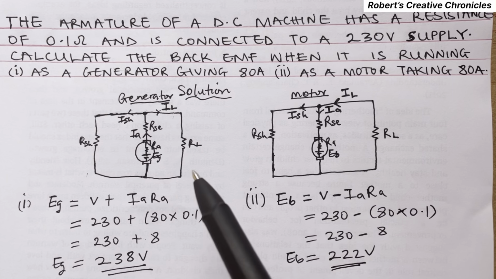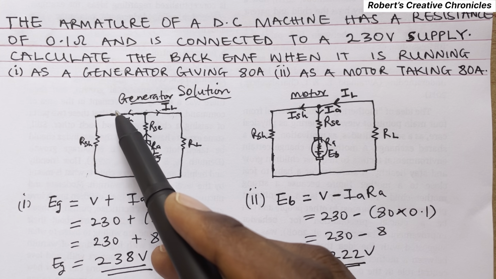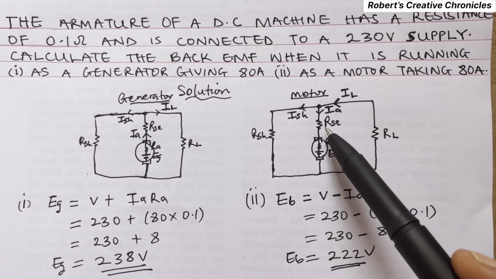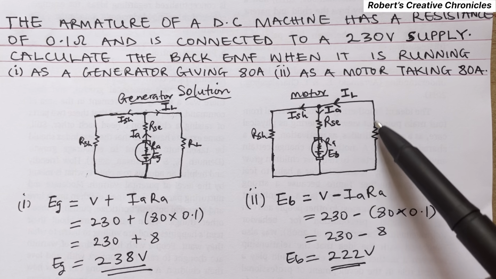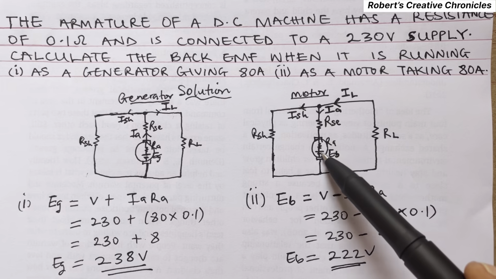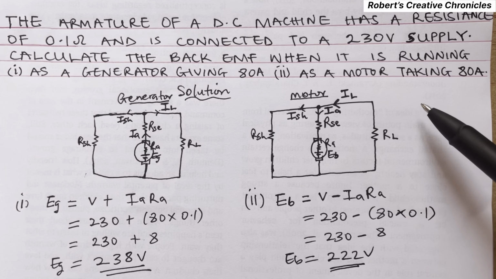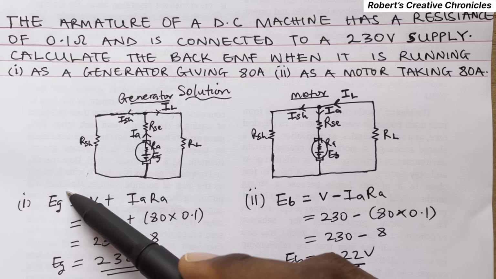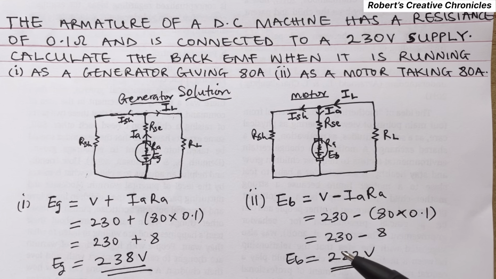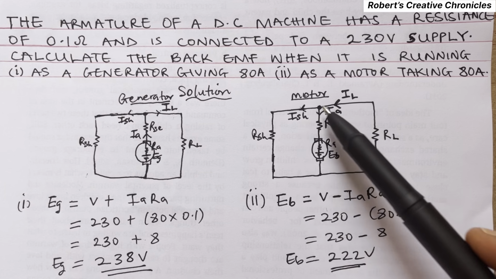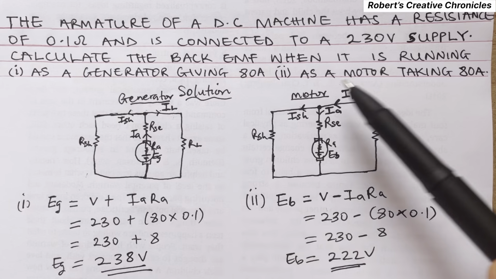In a generator, current flows from the armature to these two resistors, and in a motor, current flows the other way, from this resistor and enters this armature and shunt. So you don't need to draw these circuits. They are just examples to show you the directions of current flow.